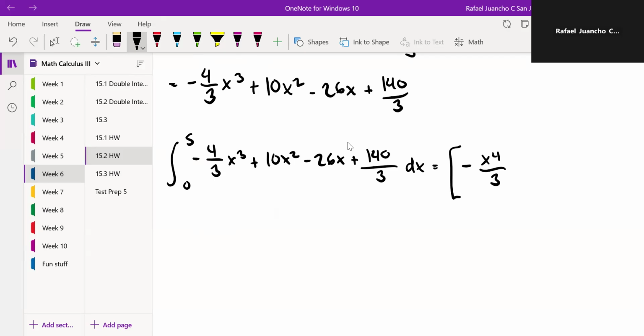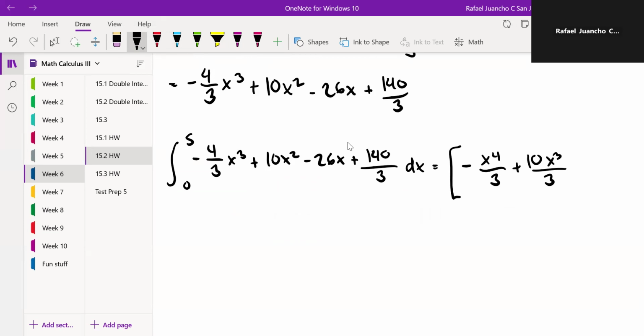Here I would get 10x cubed over 3. Here, this one's going to be x squared over 2. So I divide 26 by 2, and I get 13 in this case.